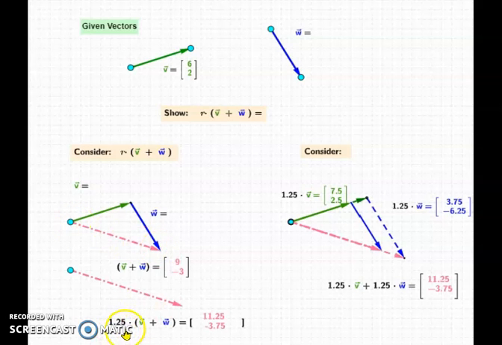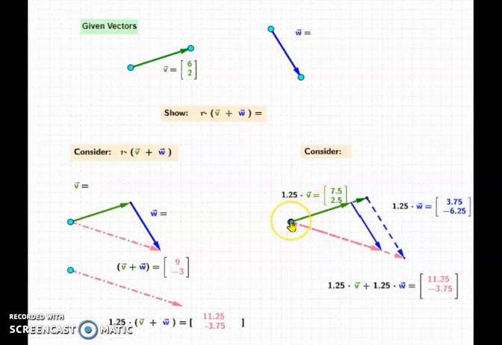The 1.25 of this vector, meaning you scale this vector 1.25 times. Ibig sabihin, isa at saka 1/4 nito. That is this vector. Dito naman na side, it means that you scale vector v 1.25 times.